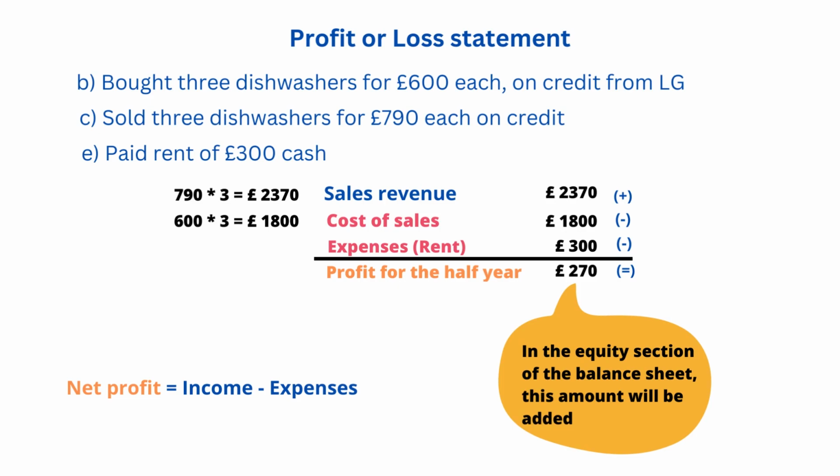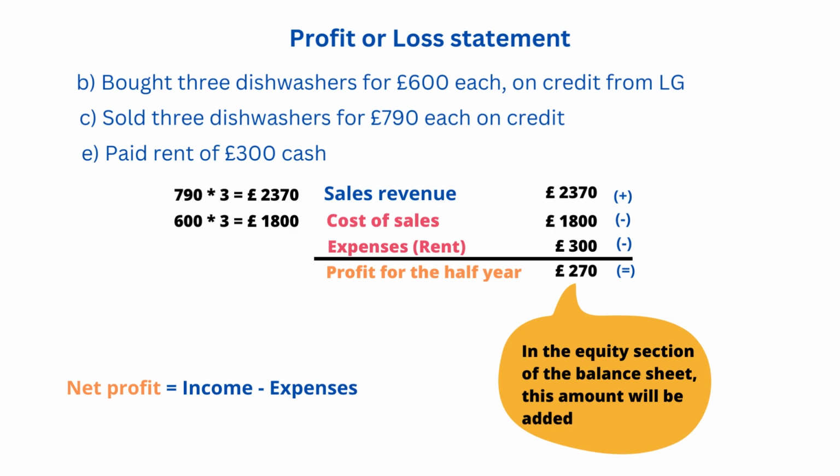This amount came from inventory because the company bought 3 dishwashers for £600 each, and when the company sells, we credit the inventory account, and then we debit the cost of sales account.